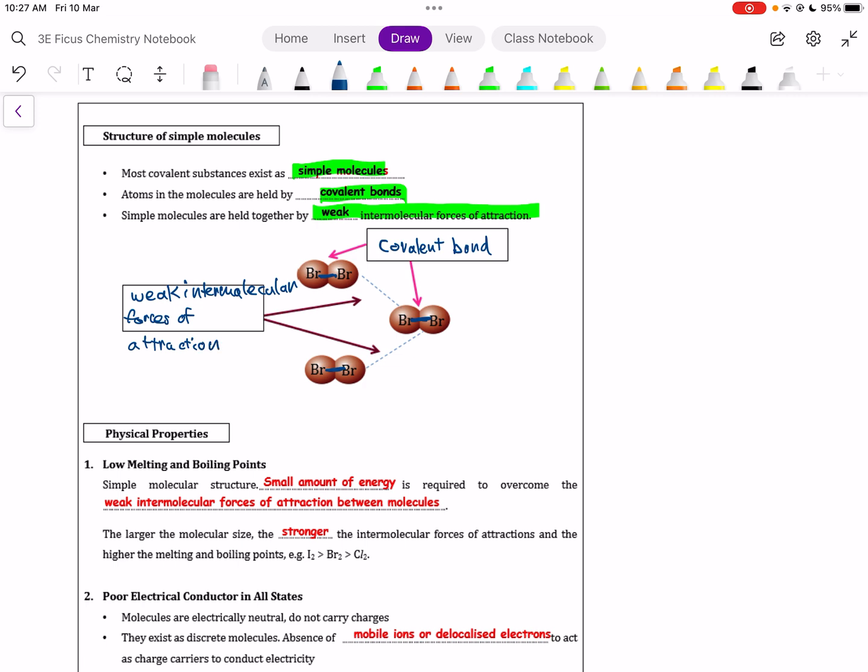So make a guess, during melting and boiling, which one do we try to overcome? Do we overcome the covalent bond, or the weak intermolecular forces of attraction? Pause for maybe 3 to 5 seconds and think about it. Given that it's low melting and boiling point, you actually overcome the weak one.